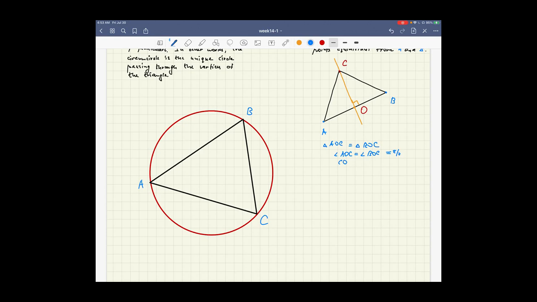Again, the explanation is that angle AOC equals angle BOC equals pi over 2, CO is shared, and AO equals BO because CO is a bisecting perpendicular.